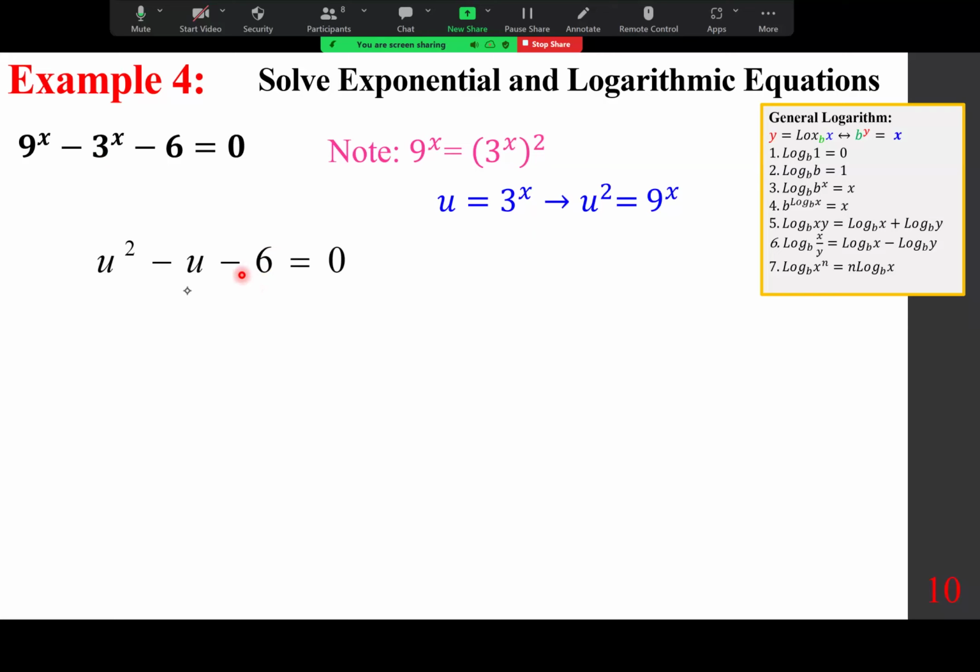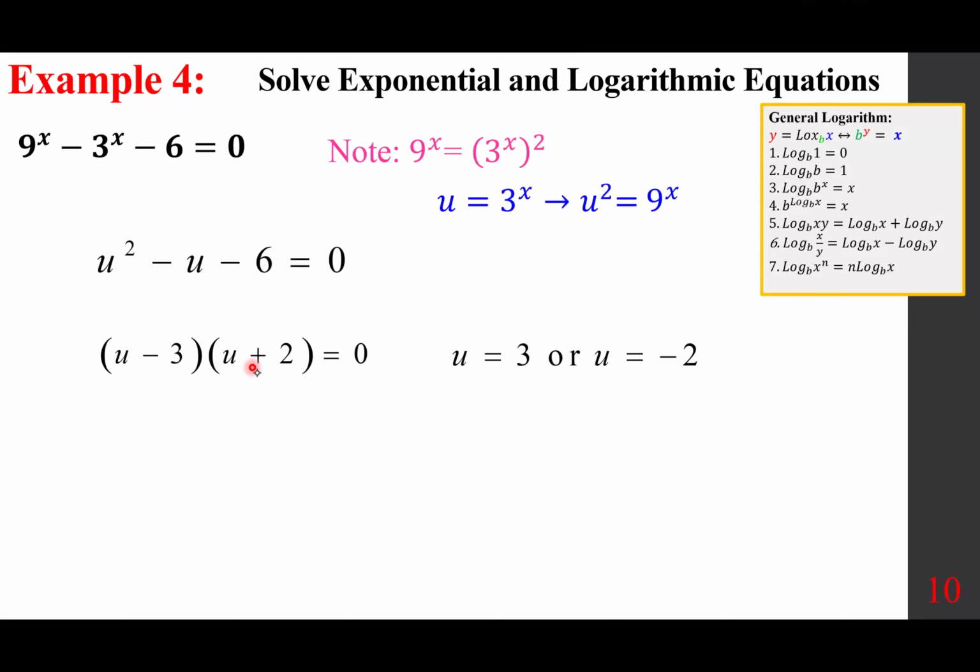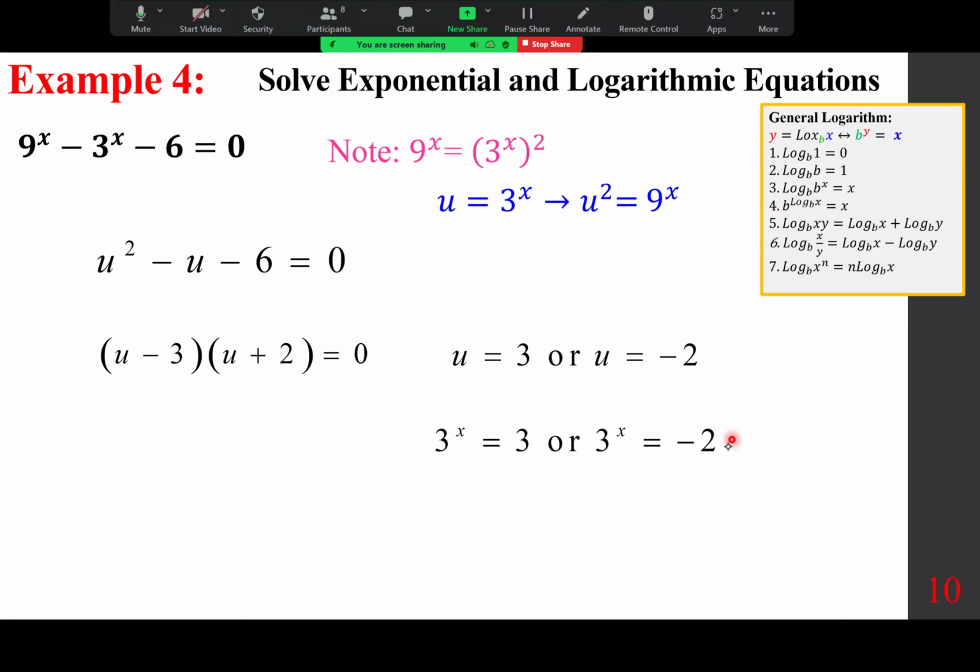You want two numbers. The product is -6. The sum is -1. So those are -3 and +2. And they result in two answers: u equals 3, or u equals -2. That means 3 to the power of x is either 3 or -2.